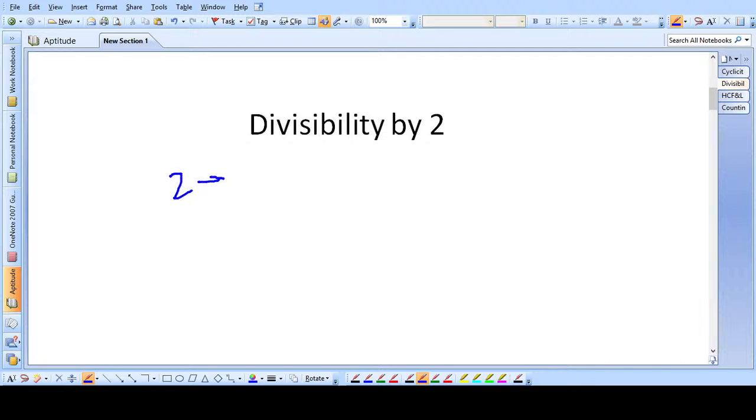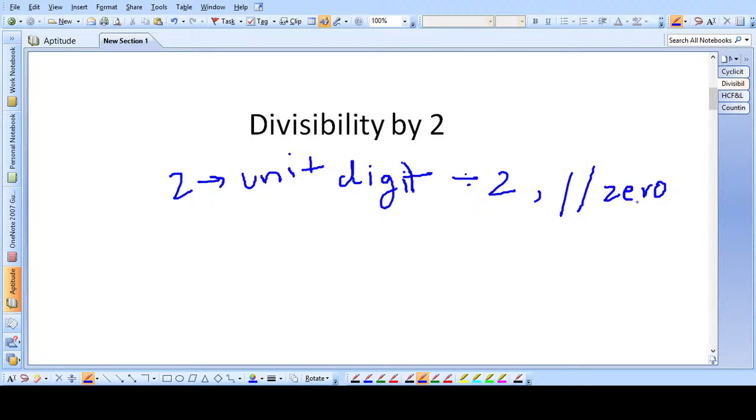If a number is divisible by 2, its unit digit should be divisible by 2, or the unit digit can be 0 also, okay. So if any one of the conditions is true, if the unit digit is divisible by 2 or the unit digit is 0, then we will say that yes, this number is divisible by 2.